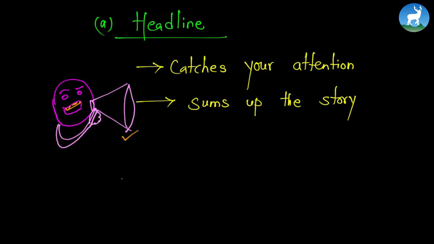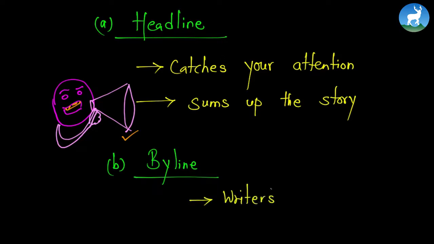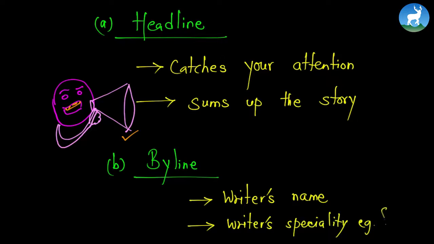That is the headline. Now the second key element that we will talk about is the byline. And what does a byline do? A byline contains the writer's name. So it gives you the writer's name and information. Also, it contains the writer's speciality, like sports.